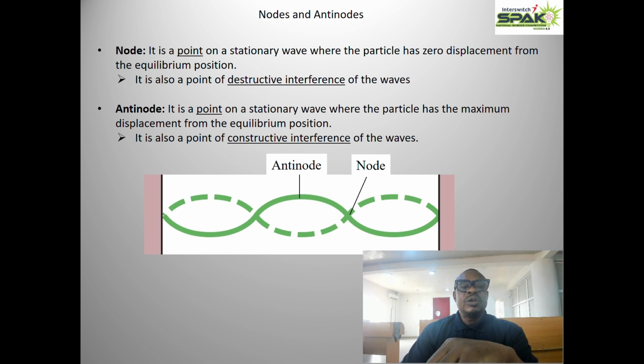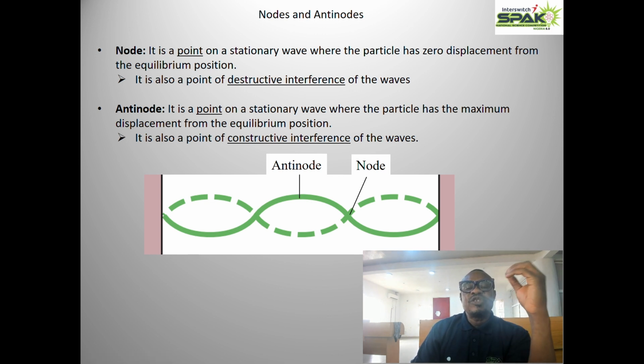At that point there is a destructive interference, which we are going to discuss later. But at this other point, we have the antinode. The antinode is where you have a maximum displacement of the vibrating particle from the equilibrium position. The interference created at this point is constructive interference.